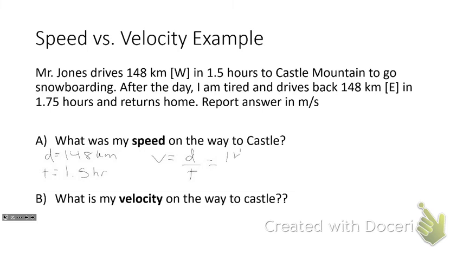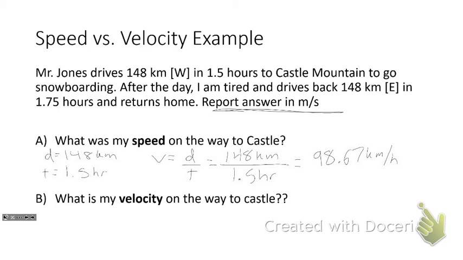So 148 kilometers divided by 1.5 hours is going to give me an average speed of 98.67 kilometers per hour.